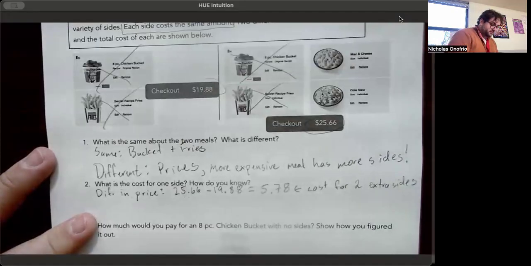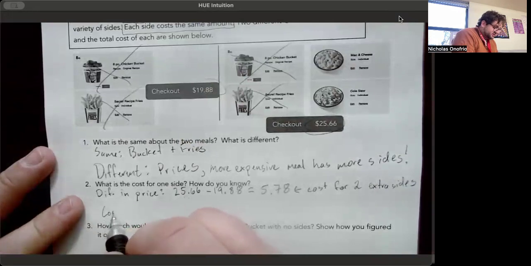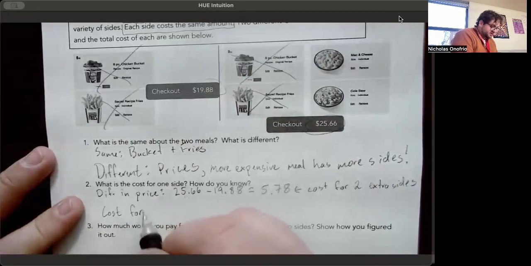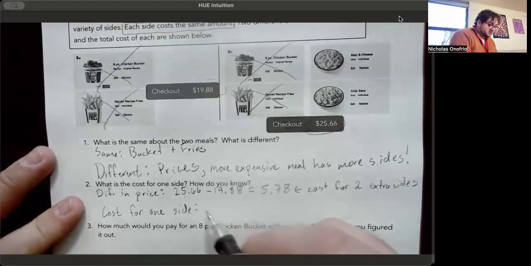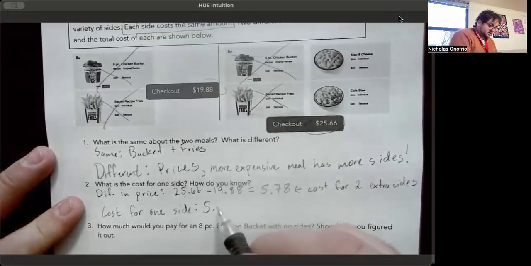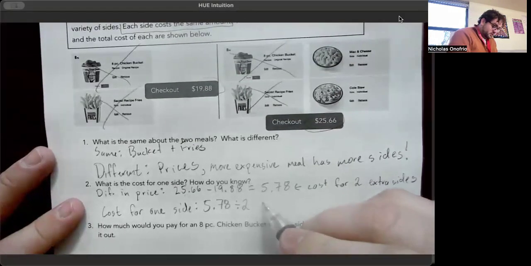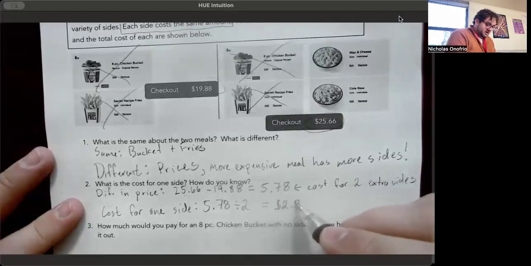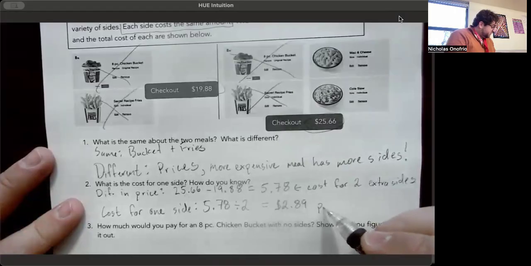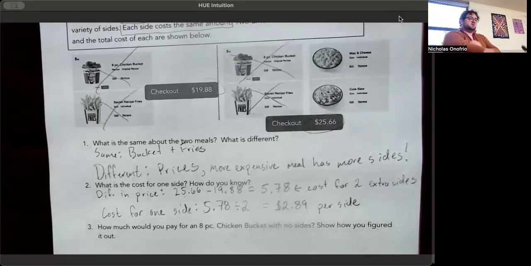So to finish our problem, if 5.78 is the cost for 2 sides, to find the cost for one side, we can take 5.78 and divide it by 2, which will give us a cost of $2.89 per side.